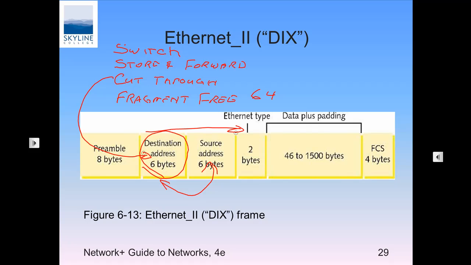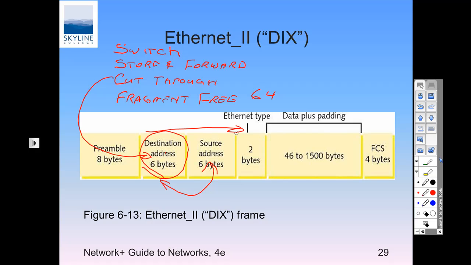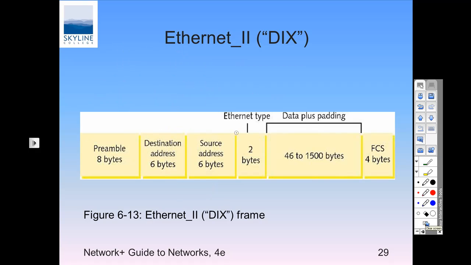But the destination address, exactly what you said: when you're talking to somebody, the called station goes first. It's the from-to in layer 3, but the reason these are this way is so that as soon as it reads the destination address, it sends it to that port or that device.